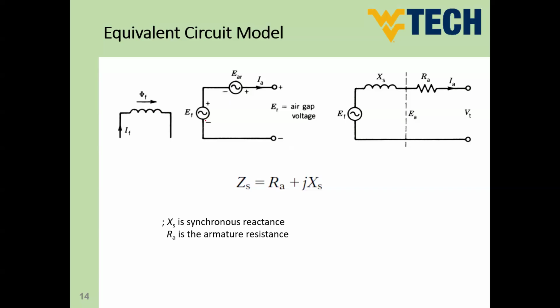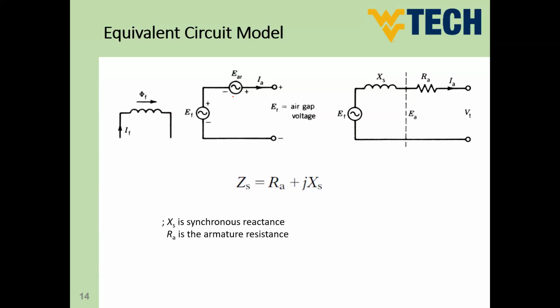However, when you have a connected load here and the current is going to flow, the armature winding itself will have flux due to the current moving in the windings, and this flux will oppose the effective flux which is coming from the field. So this is called the armature reaction on the field winding.